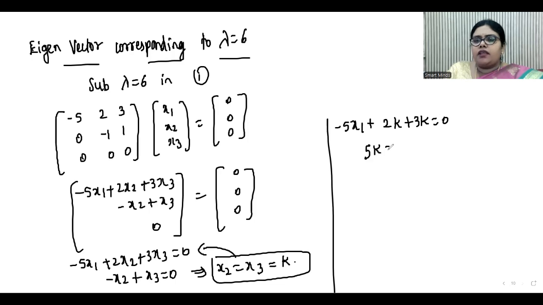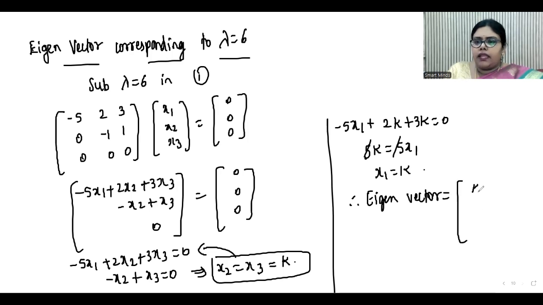So 5k is equal to 5x1. If I cancel, you will get x1 is also equal to k. Therefore, the eigenvector is k, k and k. If you take k common, you will get 1, 1, 1.